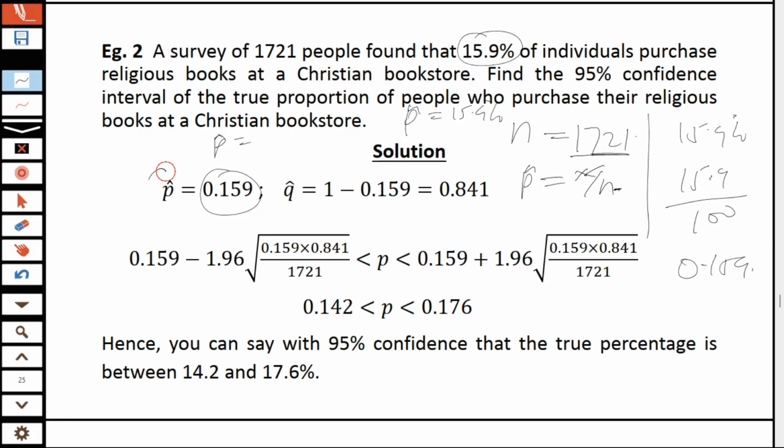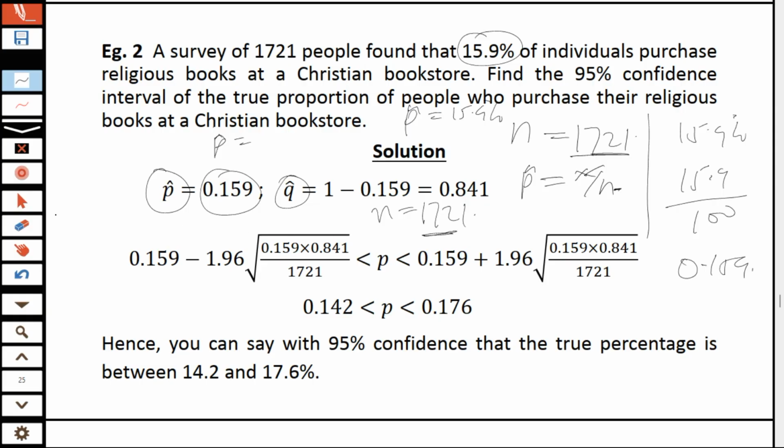So here we have our p hat and our q hat, 0.159 and 0.841, and then we have our n to be 1721. So we just substitute into our formula.